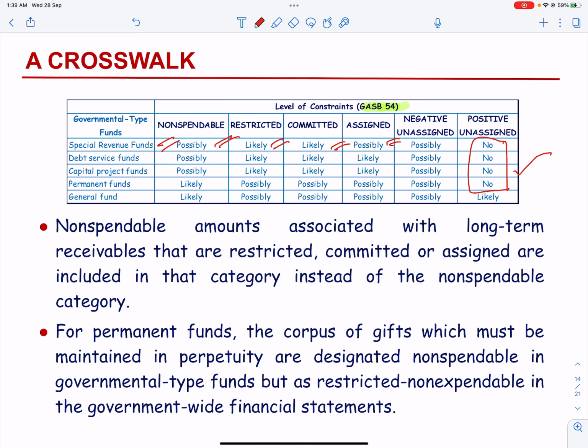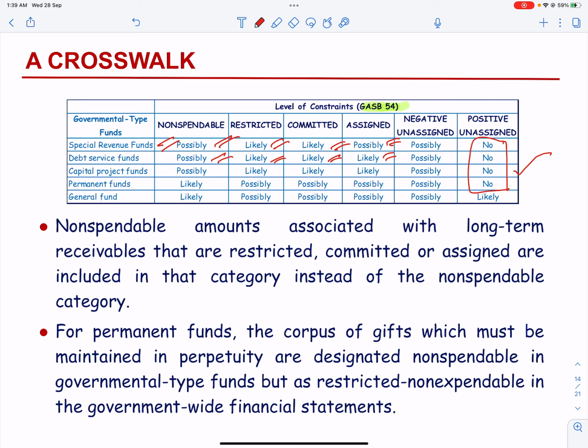The debt service fund could be non-spendable. Usually they don't, but they could be, and they are definitely restricted because it is for the debt service, and definitely it could be committed and assigned.